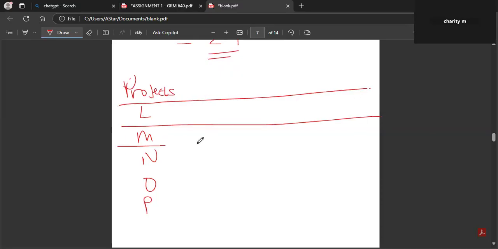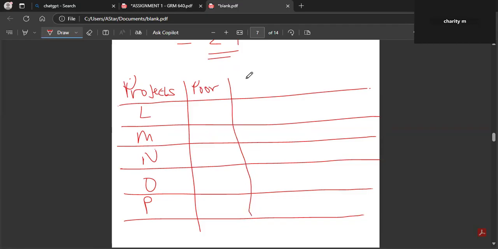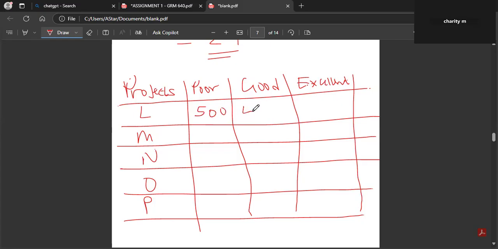So for poor, for good, and for excellent. So it was 500. The other one is 470. The other one is 550.